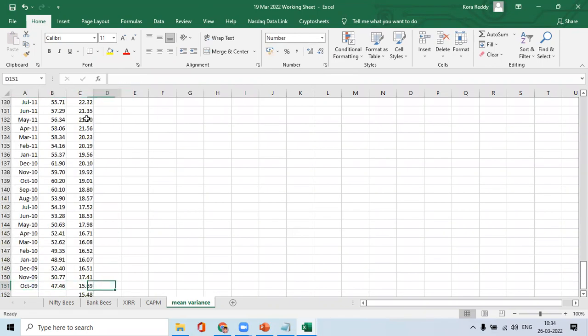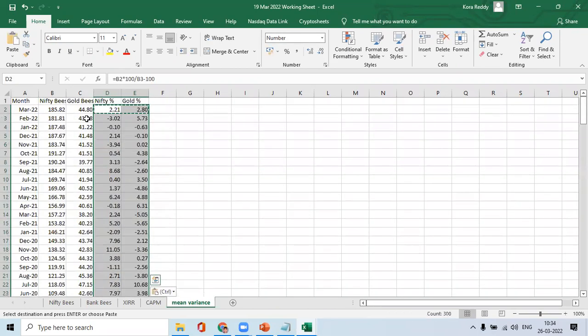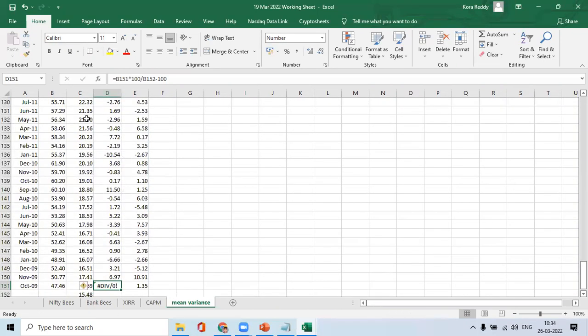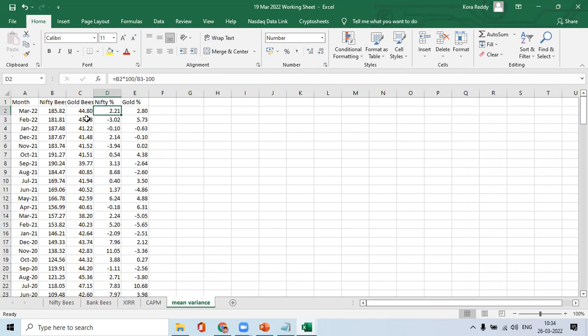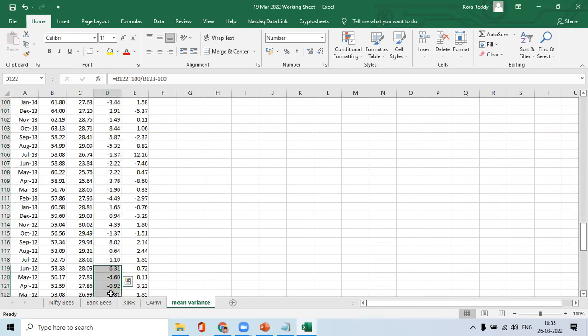Now we'll simply copy this formula across all the rows. And we are looking at 10 years of data points. So 10 years is how many months? 120 months. So we'll only keep 120 data points and delete the rest.